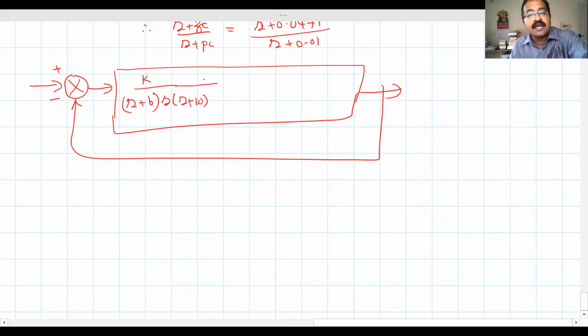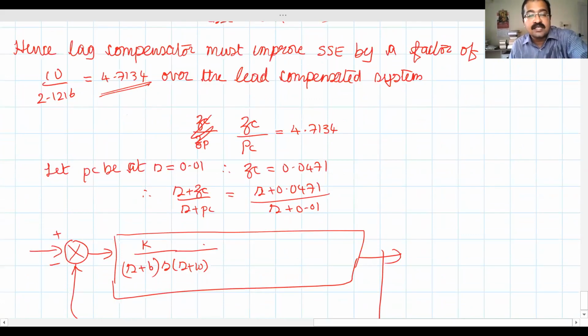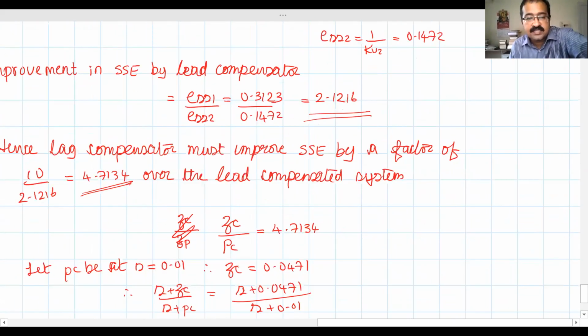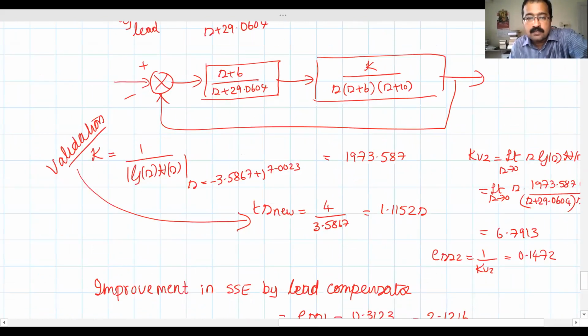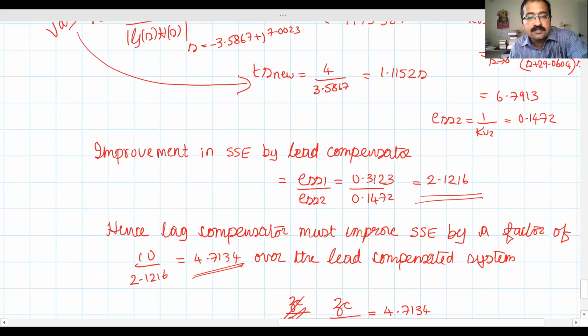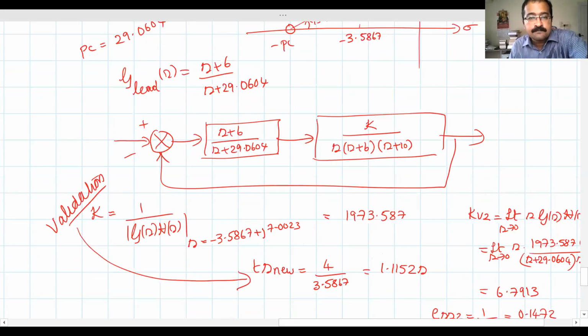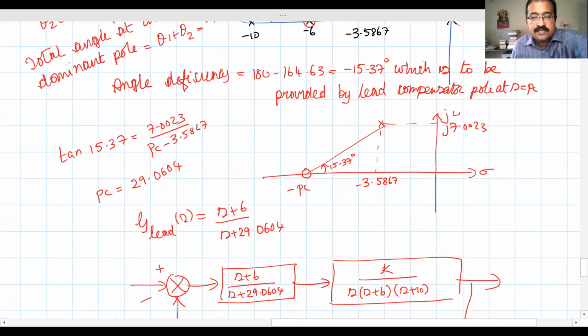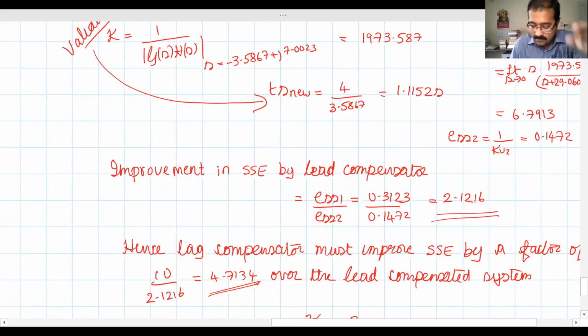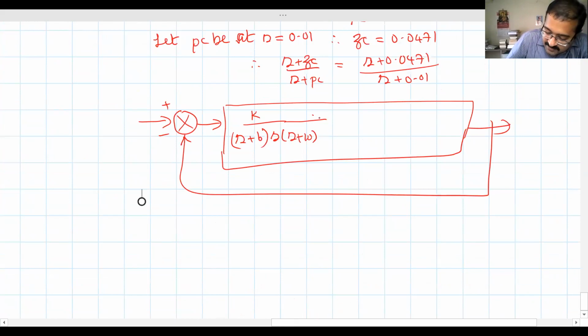Now to that we are cascading the lead compensator. What is the lead compensator? S plus 6 divided by S plus 29.0604.